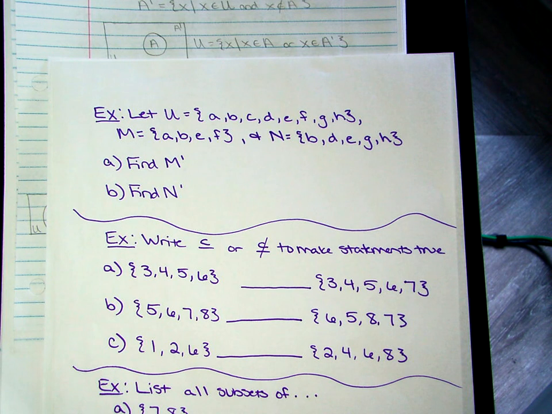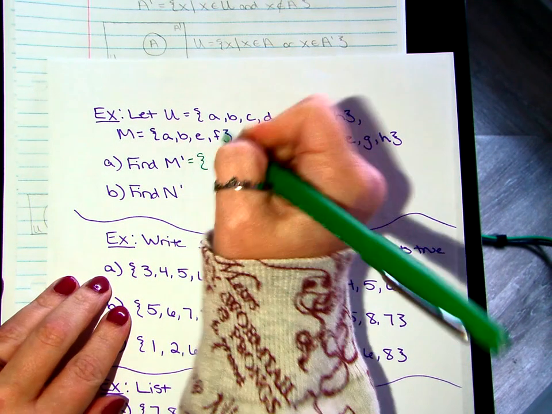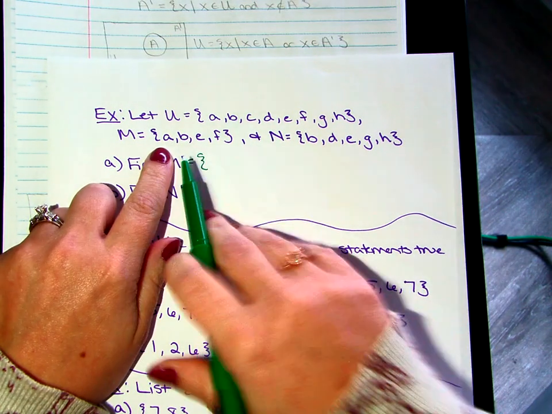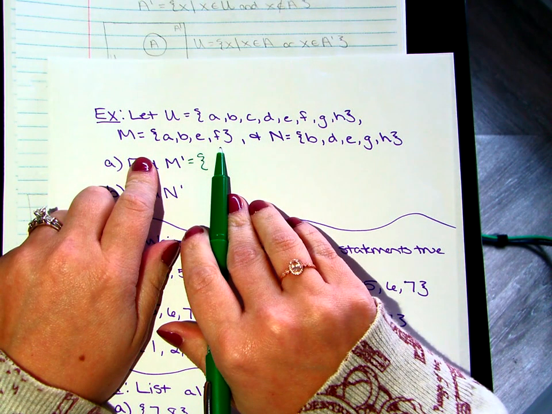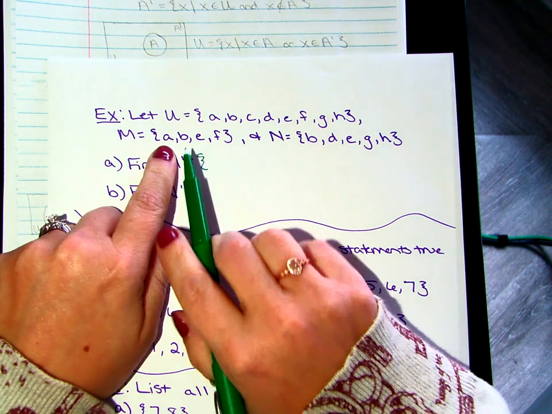Then it asks us to find M complement. So when we are asked to find the complement, what we're going to do is look at the universal set, and say, okay, what lives in this universal set that doesn't live in M? Because if it lives in M, it can't live in M complement. So I'm going to go down the list.